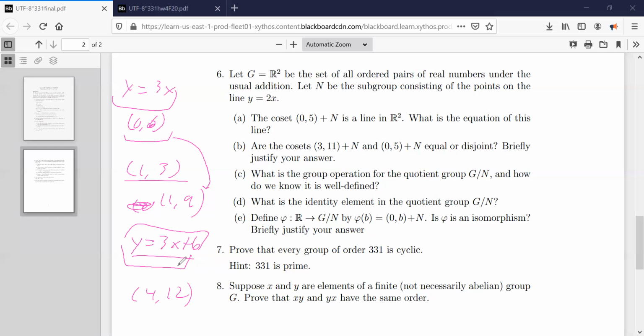So in this case, does (4, 12) satisfy this equation? No. So then (4, 12) would not be in the coset that is generated by (0, 6) plus the line y equals 3x. Does that make sense?